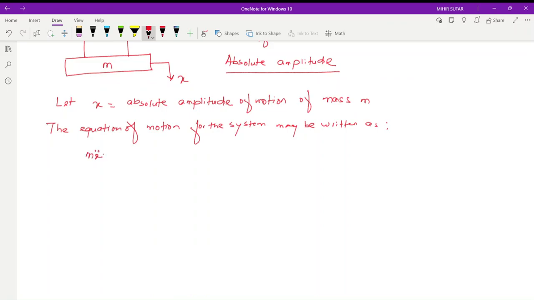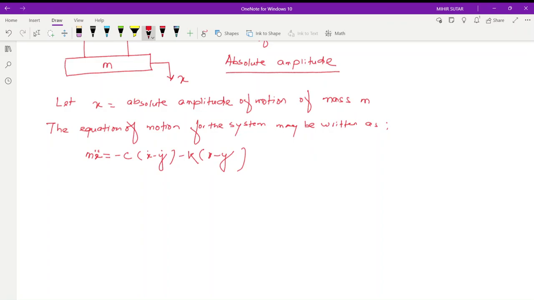m x double dot equal to minus c (x dot minus y dot) minus k (x minus y).